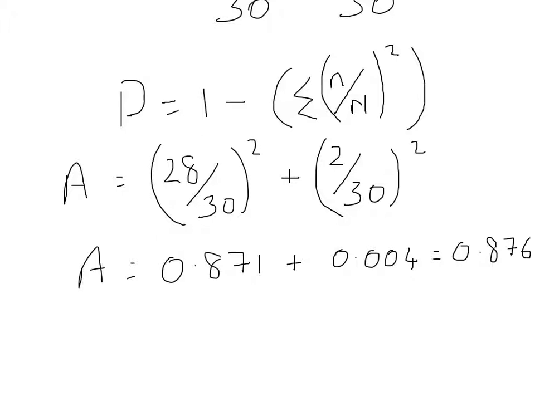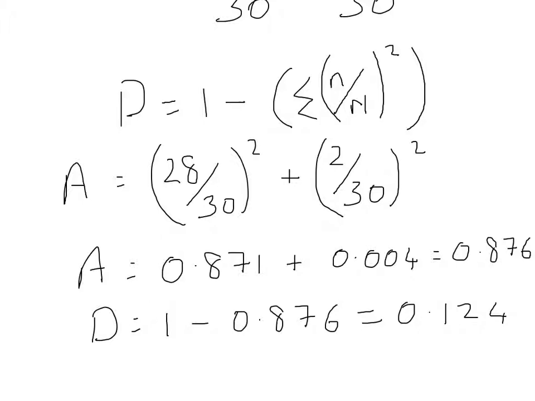Okay, so that gives me 0.876 as that value for the first one, and then what I do is 1 minus that. So D for A is 1 minus 0.876, which equals 0.124.